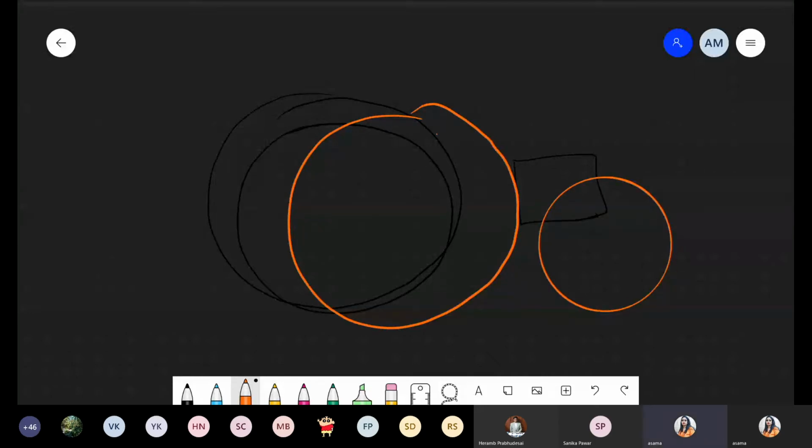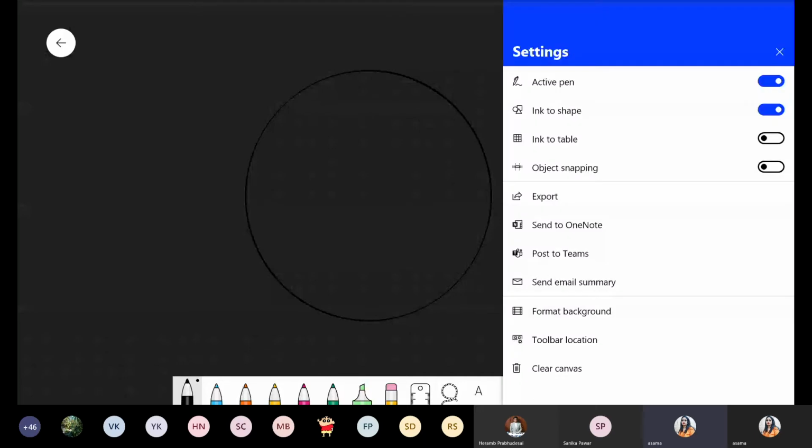Okay, the shape is coming. Done. So I draw some outline with a black pen because I just want to construct the diagram.